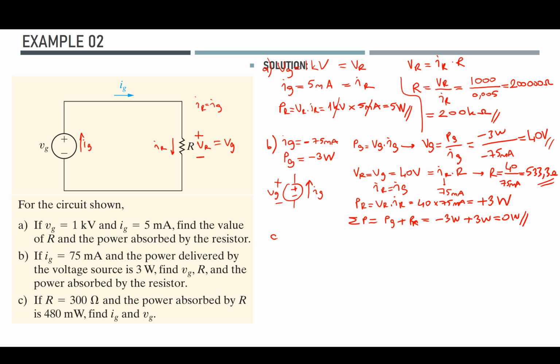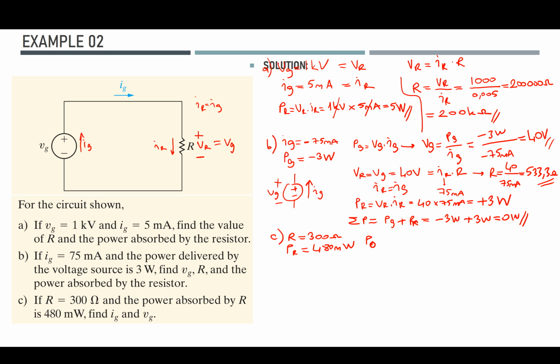Now in part C, if the R is given as 300 ohms and the power absorbed by the resistor is 480 milliwatts, then find the Ig and Vg. The first thing is we need to calculate the value of current and voltage across the resistor, and we know the relationship of power for a resistor.